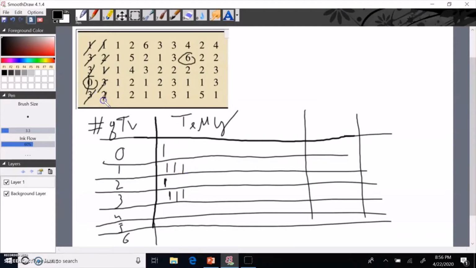It's a 3, 2. It's a 1, 1, 1, 1, 1, 5 times 1. 1, 2, 3, 4, 5, and so on. I can complete that quite easily. I don't show it; you can do that easily.